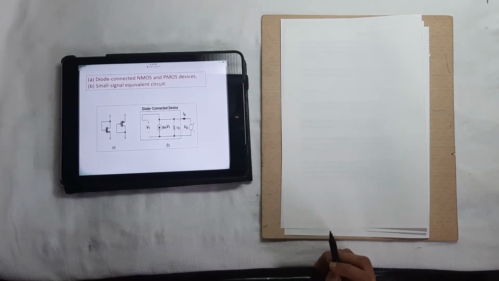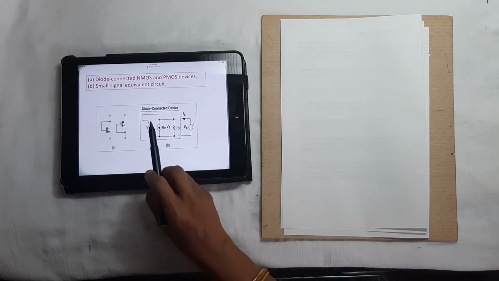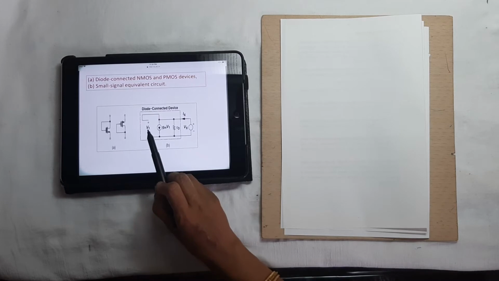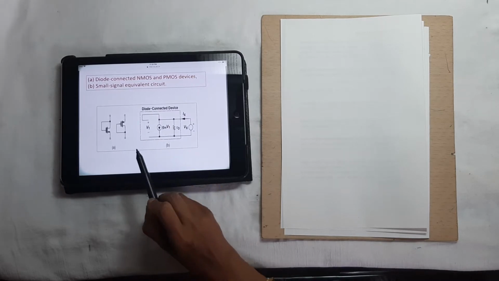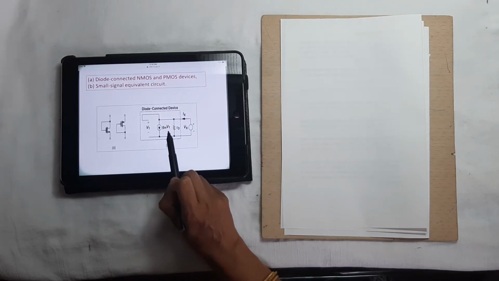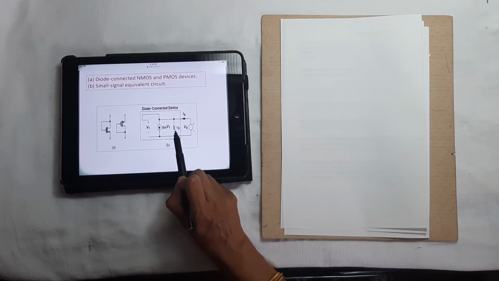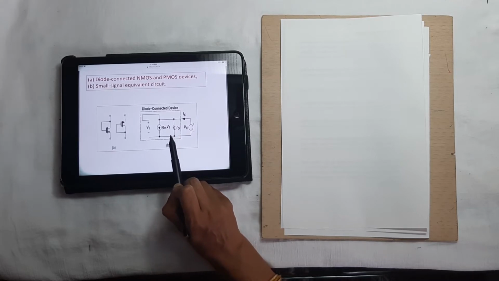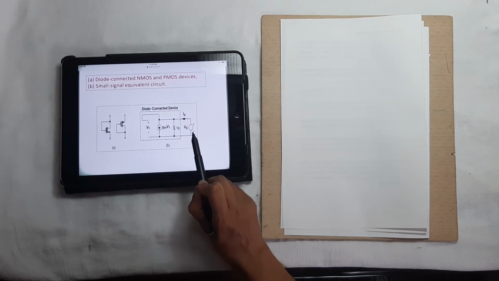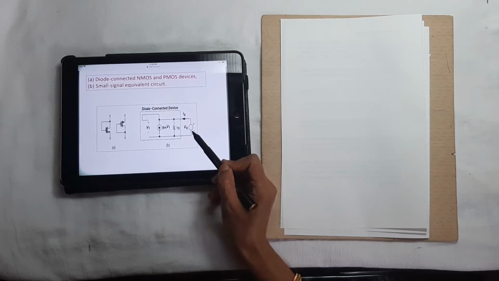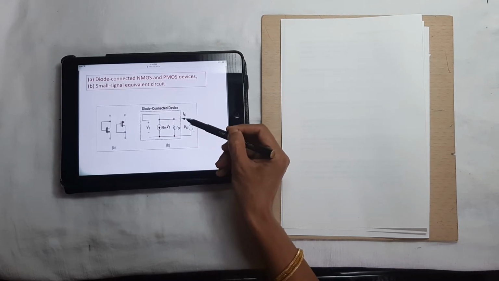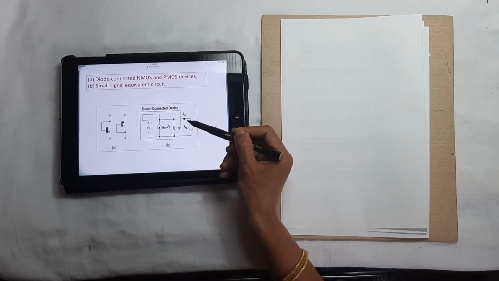Now, we will derive the expression for impedance of this circuit. This is a small signal diagram of the diode connected device where we have gm times V1, and V1 is the input voltage. R0 represents the channel length modulation effect. To get the impedance, we introduce the voltage source Vx at the output. Because of Vx, Ix is the current flowing into the circuit.